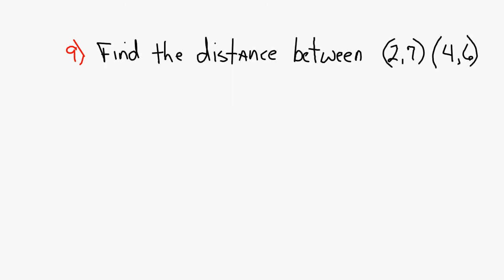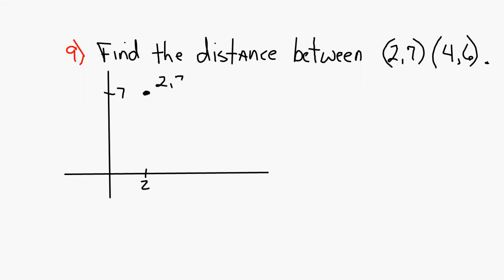So this is a review from last week. If you plot it on the coordinate plane, you got your first point at 2, 7. The second point is at 4, 6.